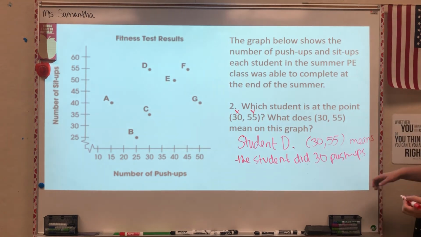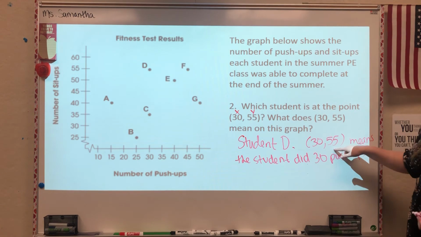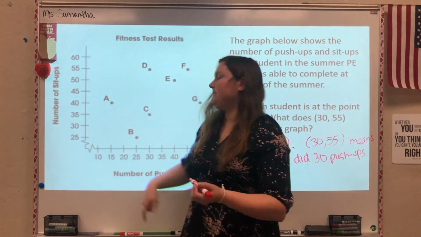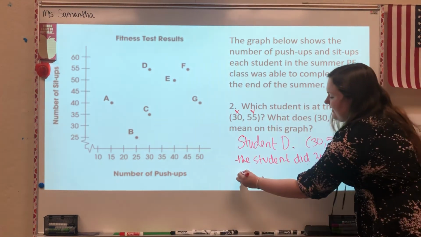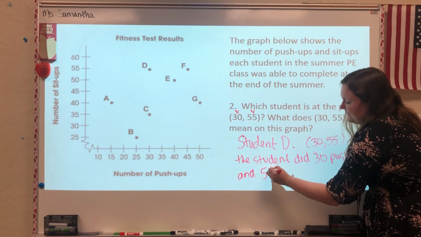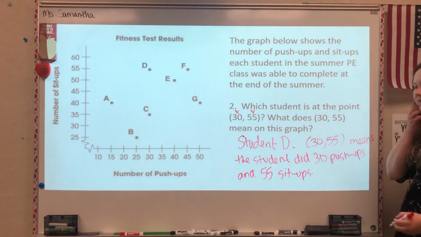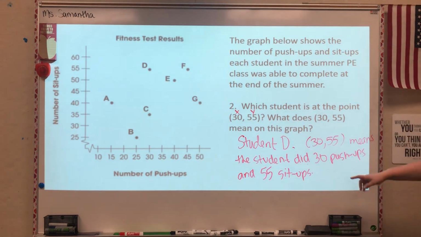There's a second part to the sentence, and the 55 would mean that they did 55 sit-ups. So it could just be something simple like that.